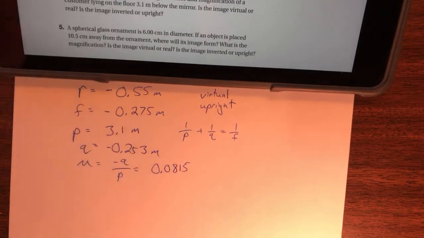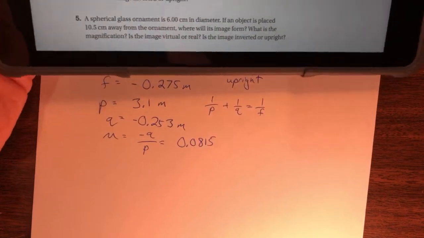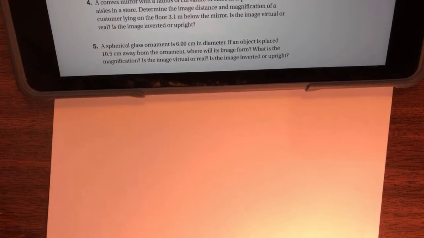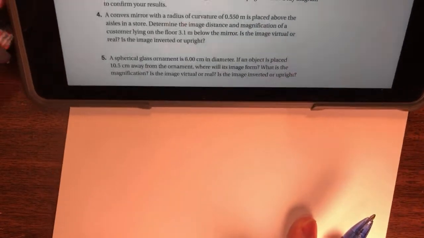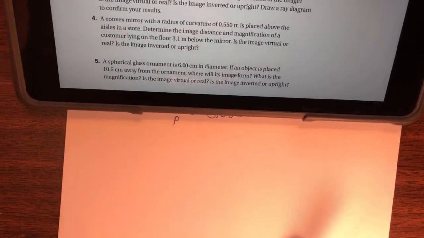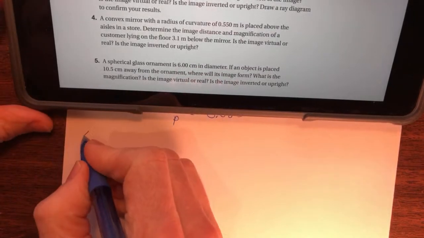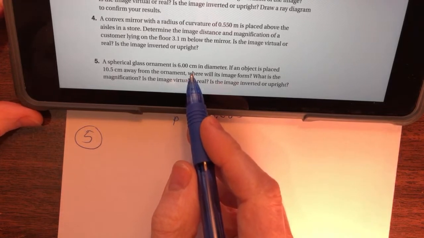Oh, number 5. This is an ornament. That's nice. Ornament number 5 is 6 centimeters in diameter.